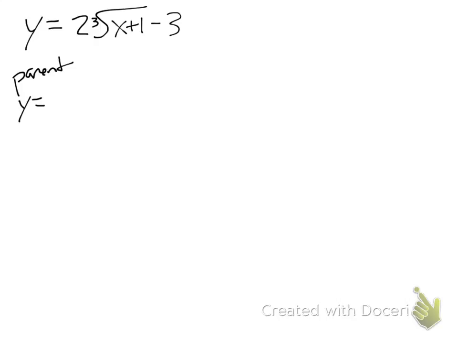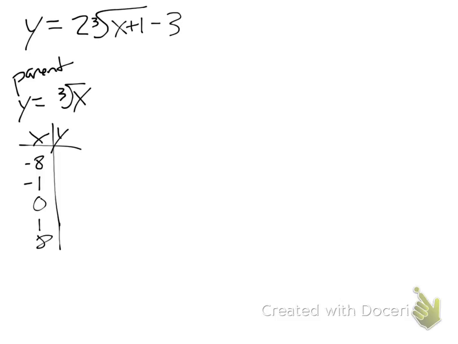Y equals the cube root of x, yes? So then I go back to my notes and say, what are the points that I want to use for a cube root? Negative 8, negative 1, 0, 1, and 8.